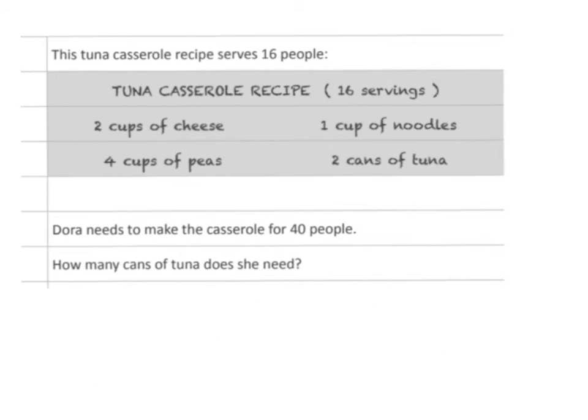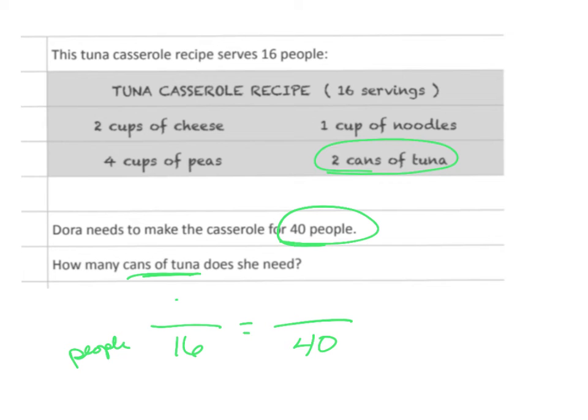Here's another recipe for 16 people. We're going to talk about tuna casserole. So the people are down here. It's for 16 people. Dora, however, needs to make a casserole for 40 people. She's going to make it bigger. How many cans of tuna does she need? Well, she needs 2 cans for the 16.